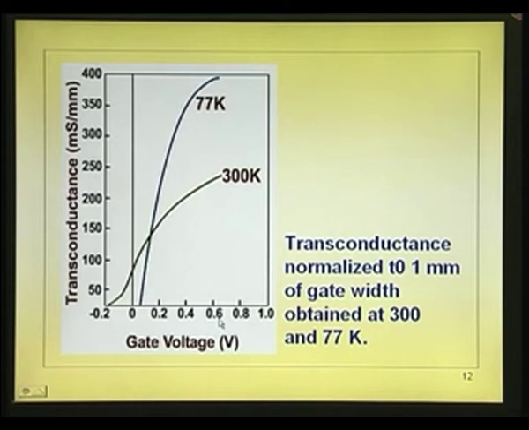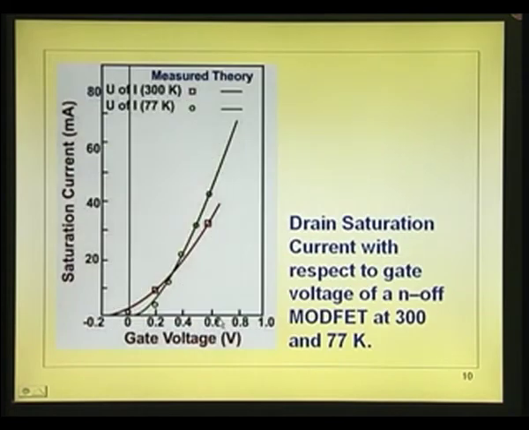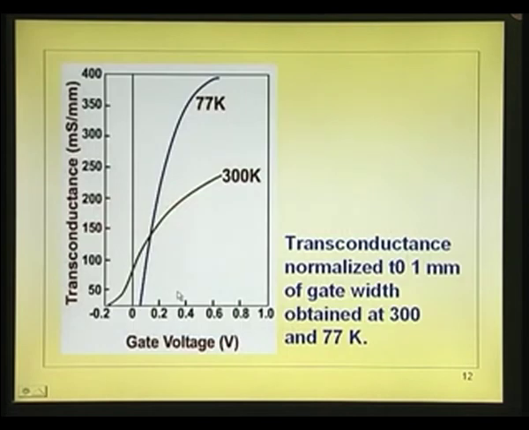From the transfer characteristics, from this we extract the transconductance Gm, delta ID by delta VGS, that is this. You can see that the threshold voltage has shifted to the positive side, just like in the transfer characteristics, it is actually deduced from there.